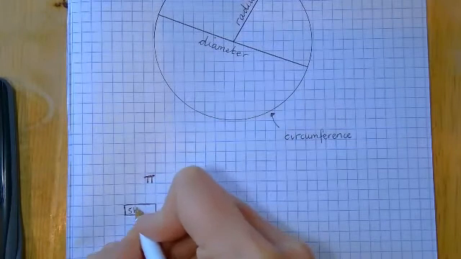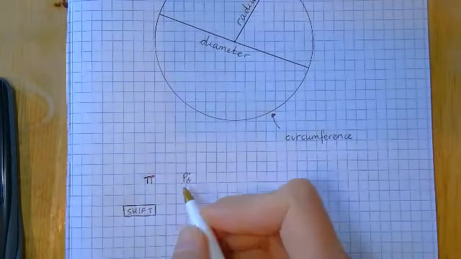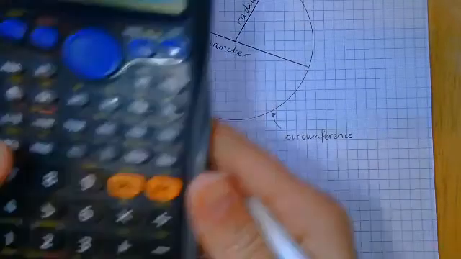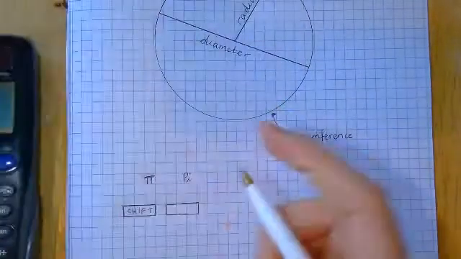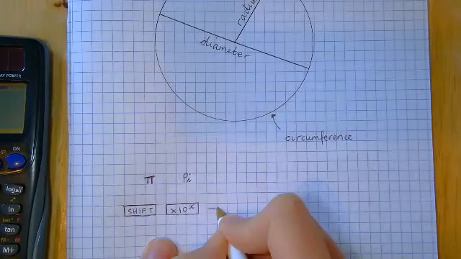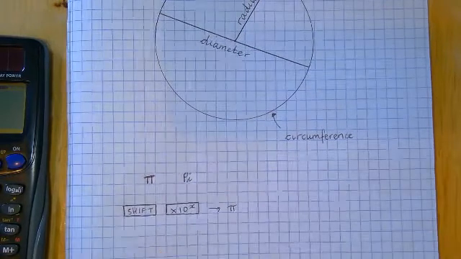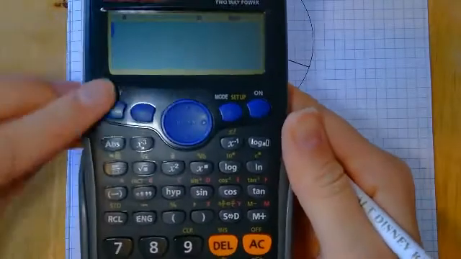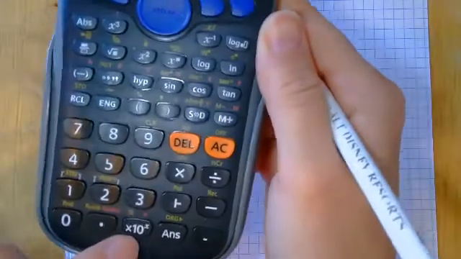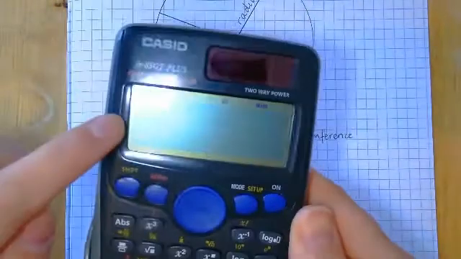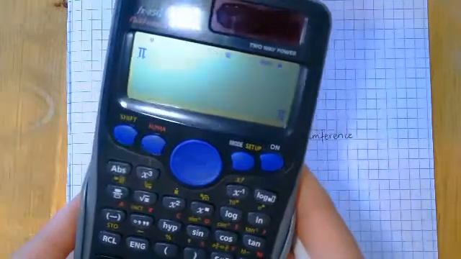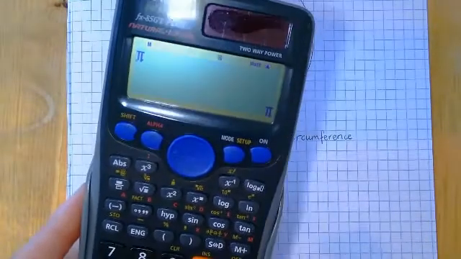So you'll press the shift button and then you'll press the button that says times 10 with an X. And that's going to give you a little pi on the screen. Okay, so if I press shift, I get a little S in the top corner, and then I press the times 10. I've now got a pi on my calculator screen. If I press equals, I still just have a pi.